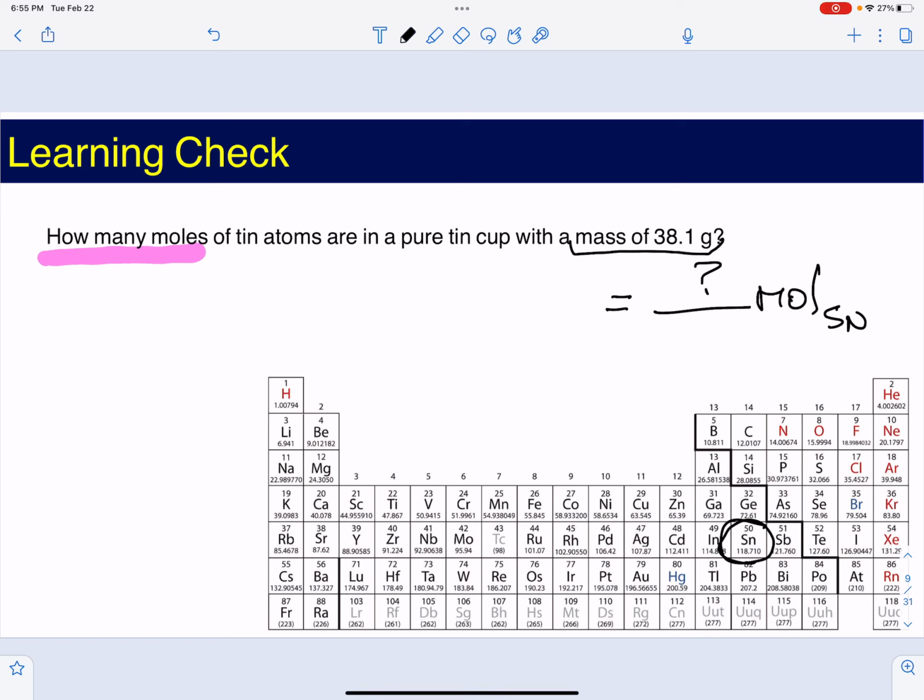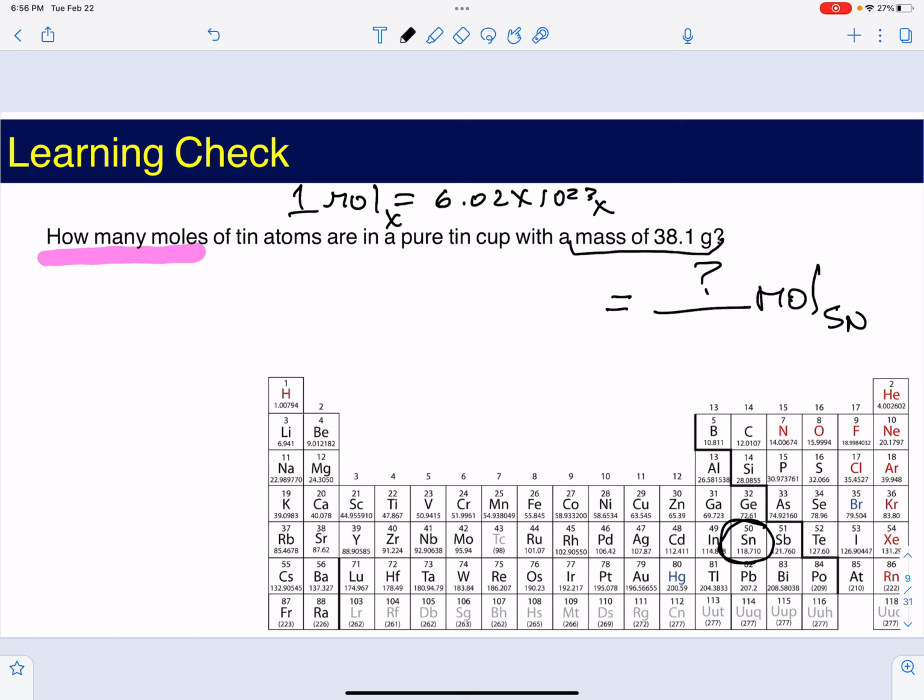Avogadro's number is 1 mole equals 6.02 times 10 to the 23. 1 mole of whatever equals 6.02 times 10 to the 23 of whatever we're talking about. It could be atoms, it could be molecules, it could be elephants. So that doesn't have mass anywhere.